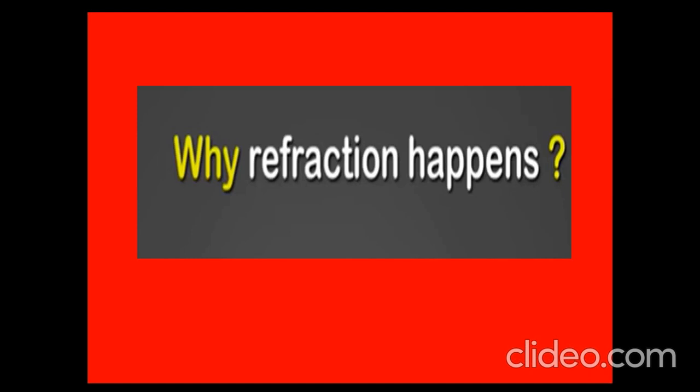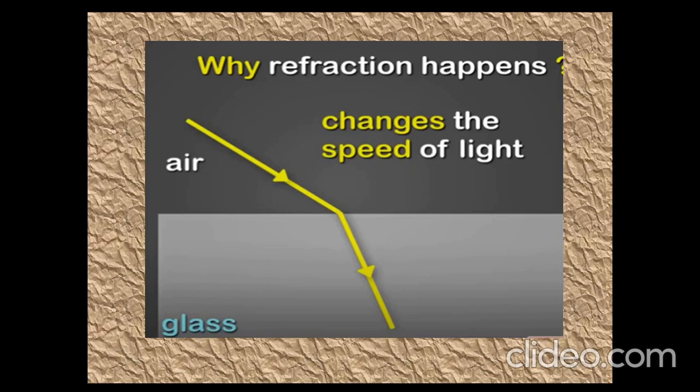So till now we have understood that the light bends when it moves from one medium to another medium, and that bending is known as refraction. But why does this refraction happen? This refraction happens because the different medium changes the speed of light.